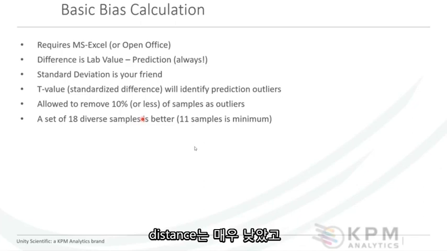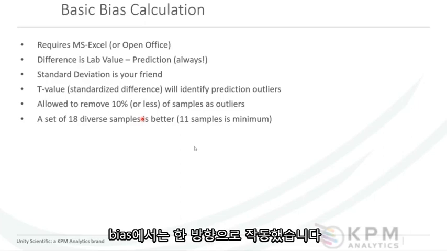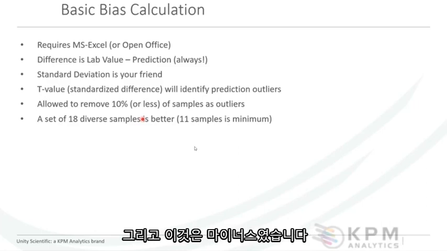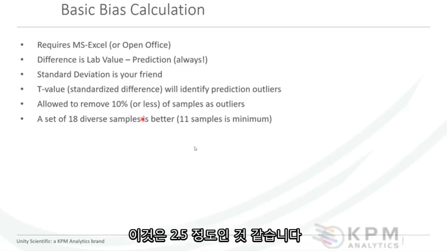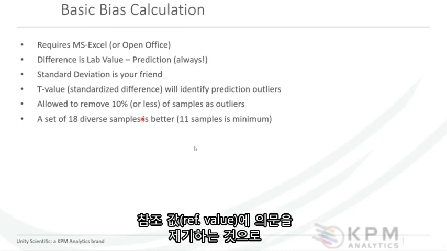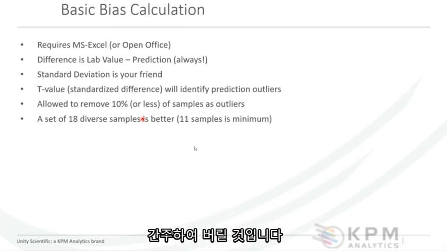The biases were working in one direction. Most of them were around, for example, 0.3 or something like this, and this one was a minus, I think, 2.5 or something. So we looked at this sample when we were doing the evaluation. We immediately questioned it, and we're going to throw it out as being one where we questioned the reference value.